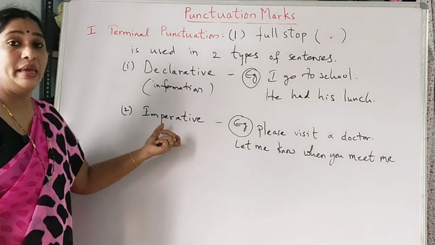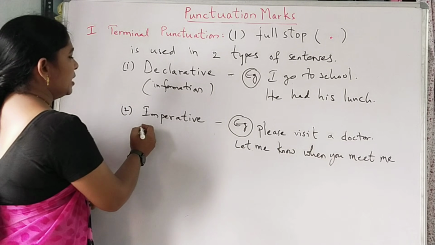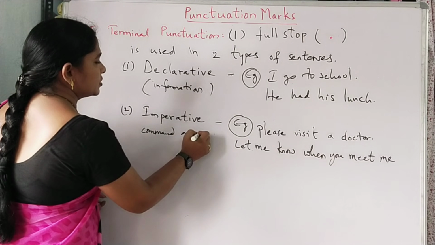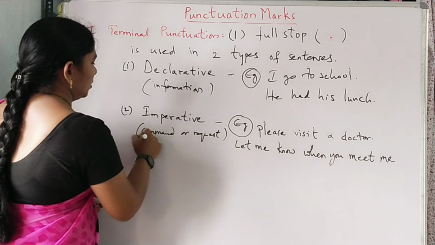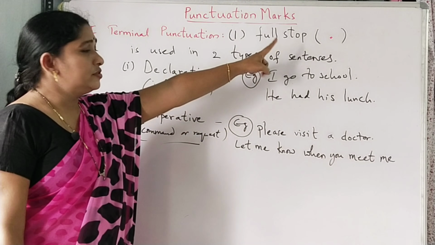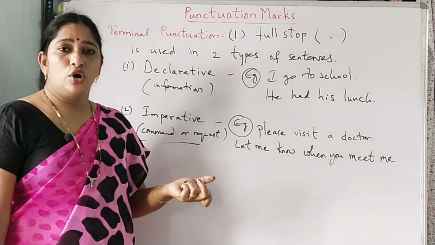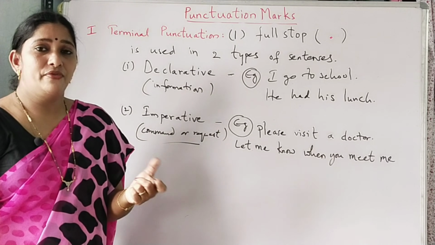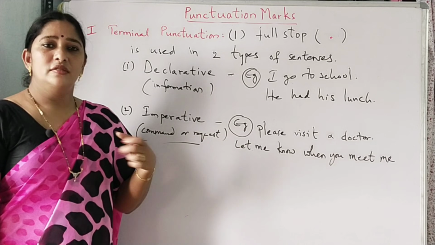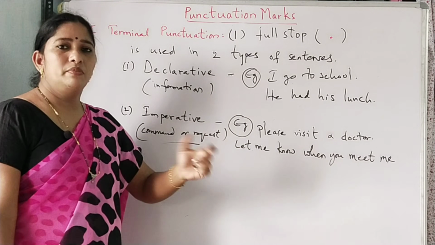And the second one is imperative. Imperative means command or request. In the command or request we use full stop at the end of the sentence. Please visit a doctor. If we meet any friends who are suffering from any diseases, we suggest them, please visit a doctor.